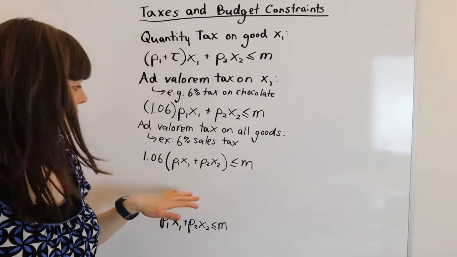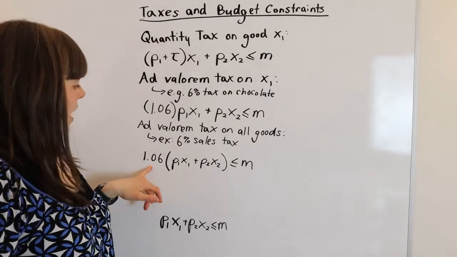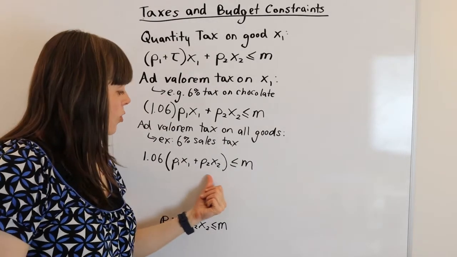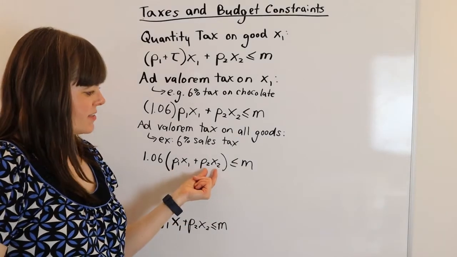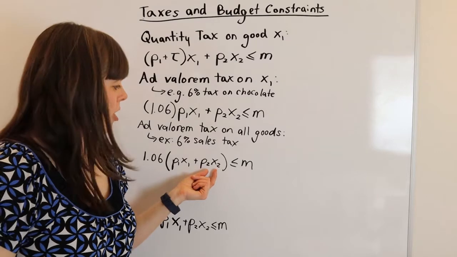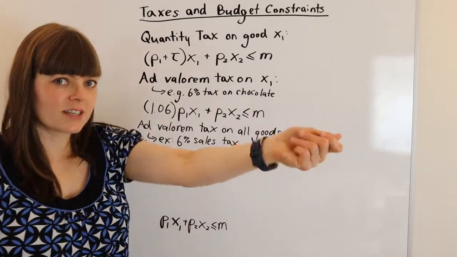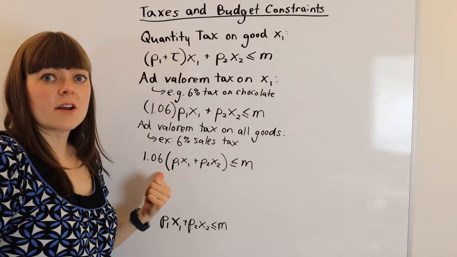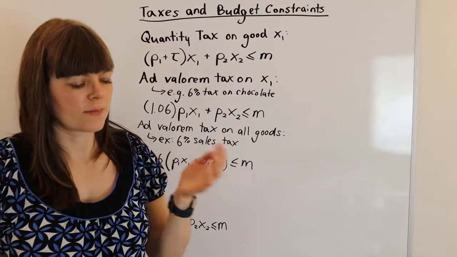So if you have an ad valorem tax on all goods, which is basically like a sales tax, that would be 1.06 or 106% of your total spending. Your total spending is the amount of money you spend on chocolate plus the total amount of money you spend on strawberries. And that needs to be less than or equal to the amount of money you have. You still only have the $100, and that $100 needs to cover both the tax and the money that's going to the producer.